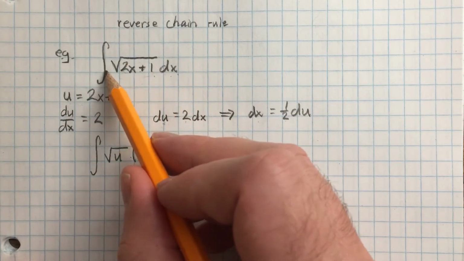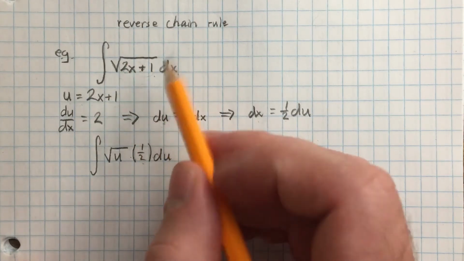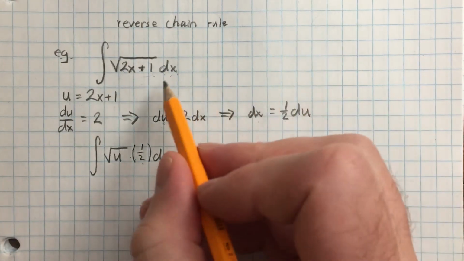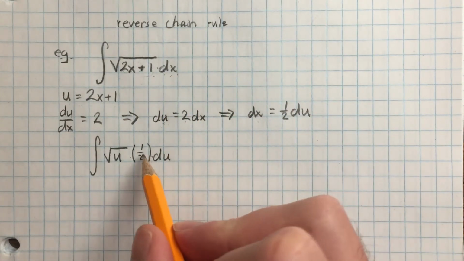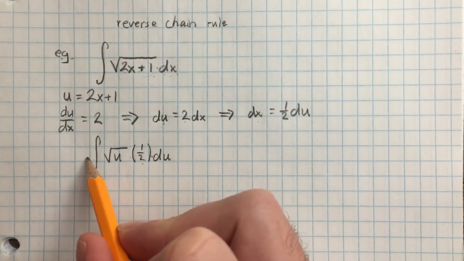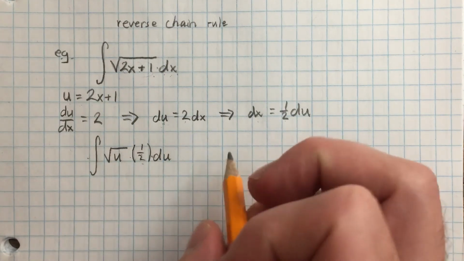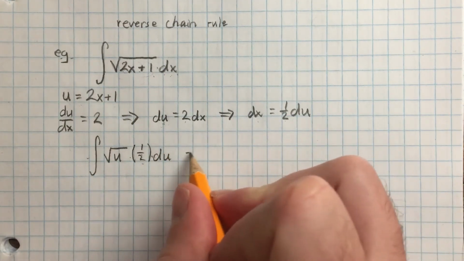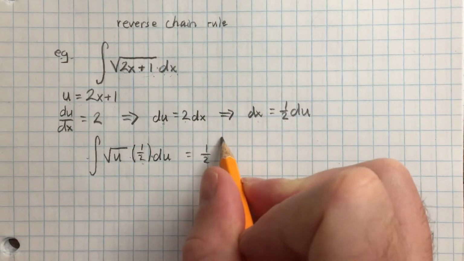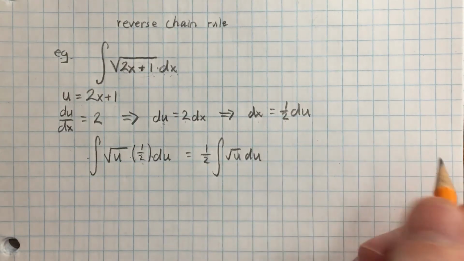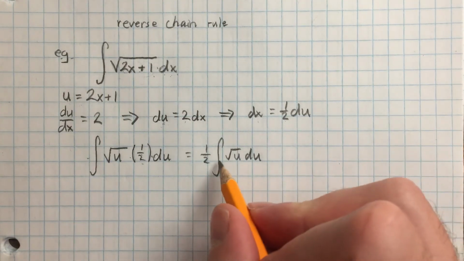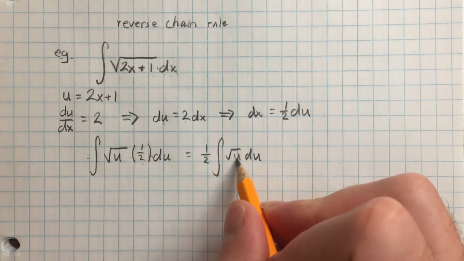We just think about the integral symbol going with this dx symbol all as one operation. But in reality, this is a product here. So this is also a product. So this 1/2 can move to the outside because of the constant multiple rule for antiderivatives for indefinite integrals. So this is the same as 1/2 integral root u du.